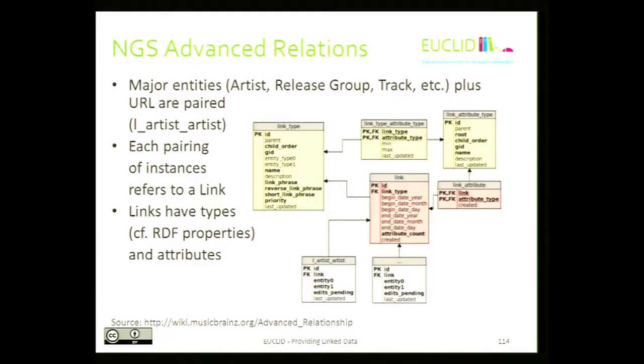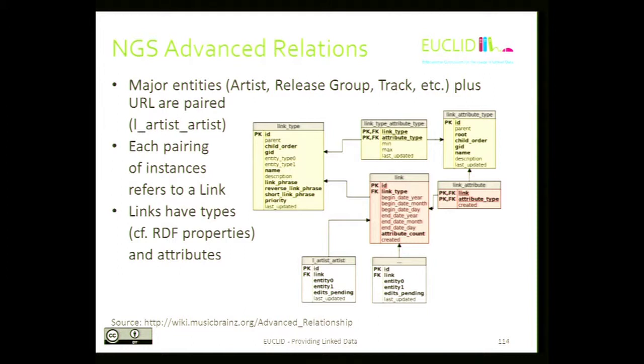Okay, now a quick word about advanced relations, but there's a much longer presentation about this mapping which will be recorded and made available by Euclid. What the next generation schema from MusicBrainz would like to do is, without changing their schema, which one normally has to do with relational databases, allow new relationships to be asserted between entities in MusicBrainz.